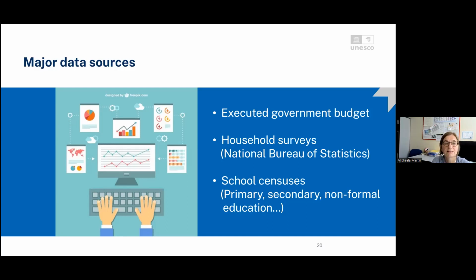Household surveys are very important to investigate the private, let's say the household, contribution to education. I mentioned either fees that have to be paid, or other resources, purchase of textbooks, maybe school uniforms.